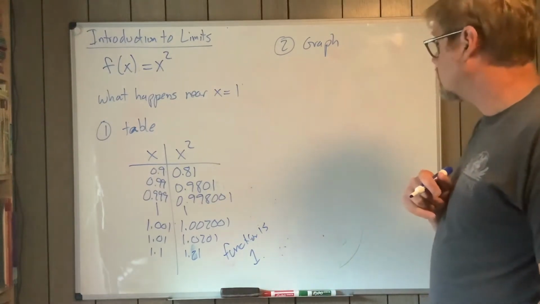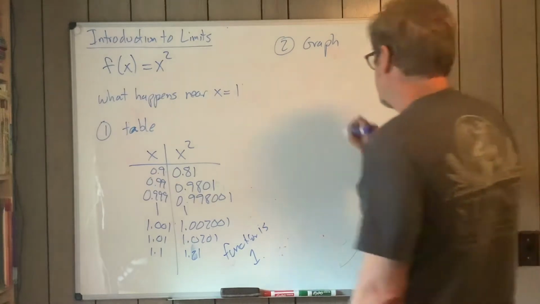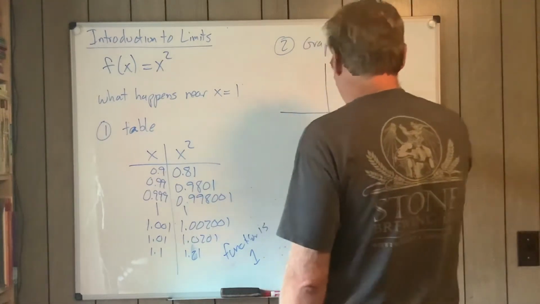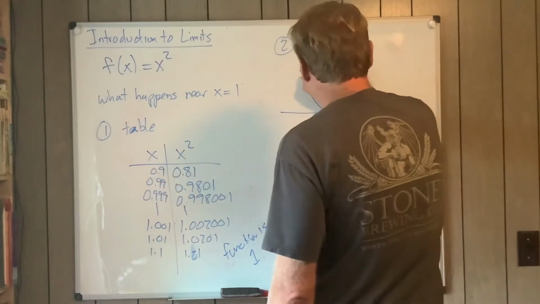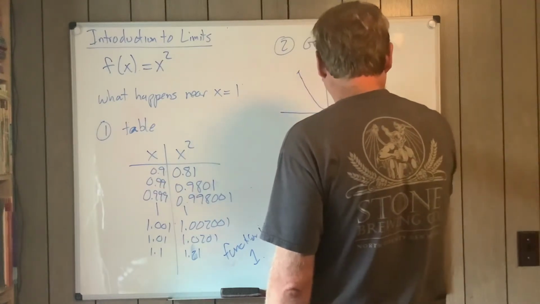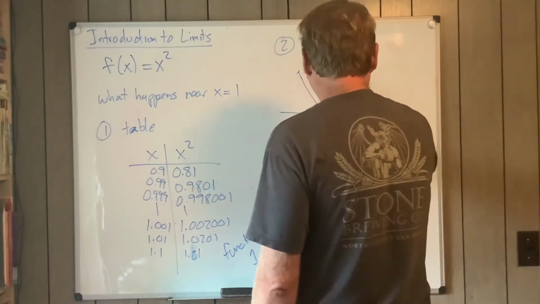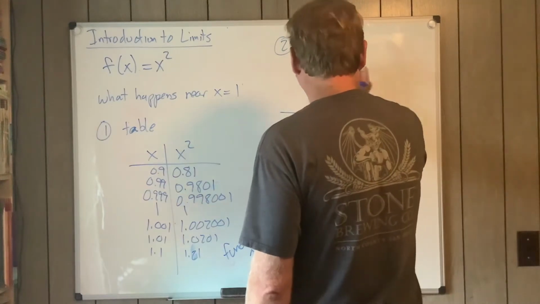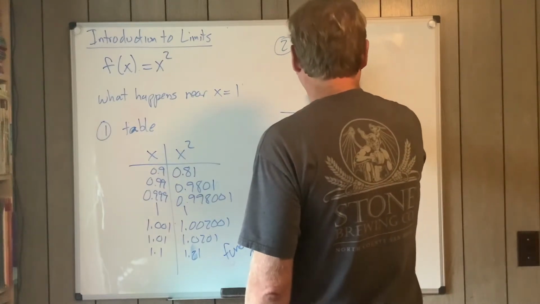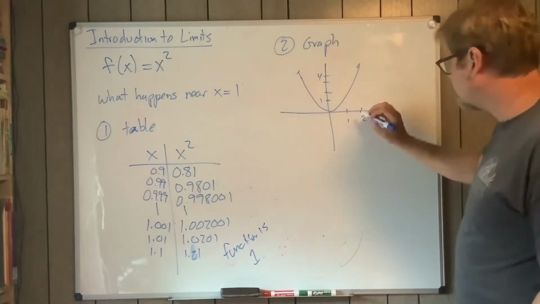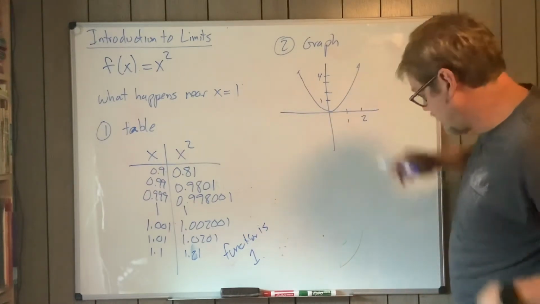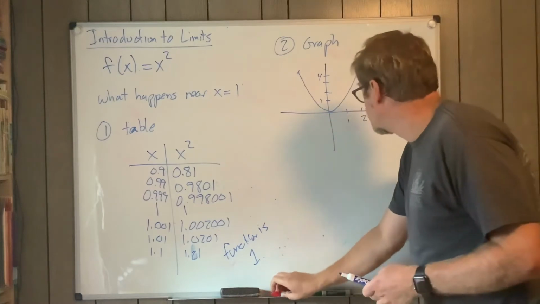Okay, let's take a look at a graph. Hopefully you remember the graph of this looks like this: 1, 2, 4. And this is the important stuff over here, right in this area.